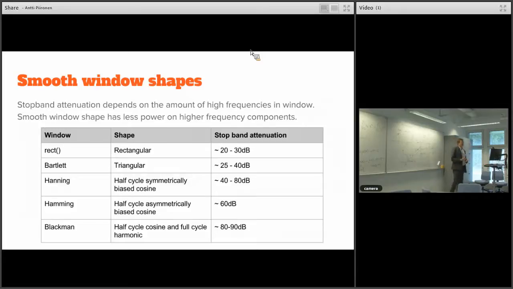And when you're thinking of a cosine, it might have a very good spectrum. It's just one peak spectrally at half cycle. That already gives good stop band attenuation, up to something like 80 dB. Then there are Hamming and Blackman and Kaiser windows and other windows, but those are the most commonly used window types.